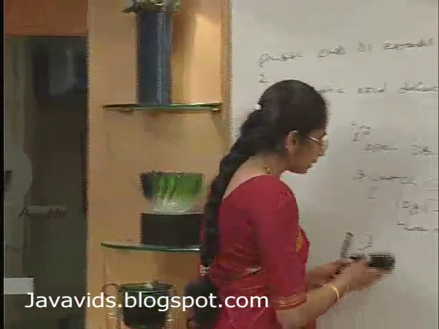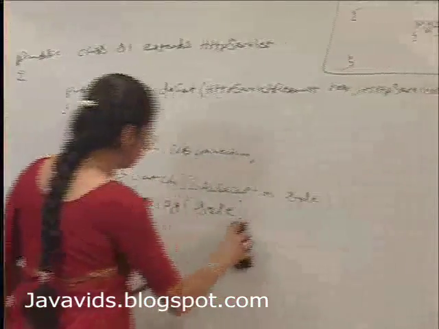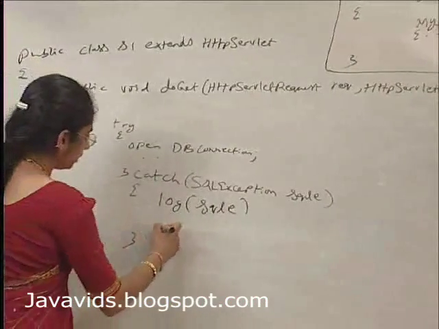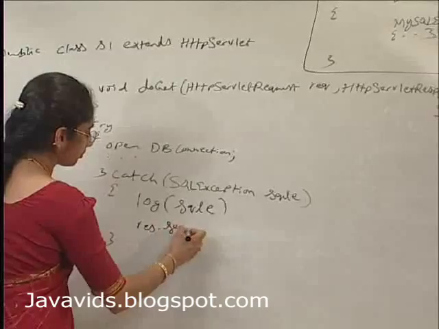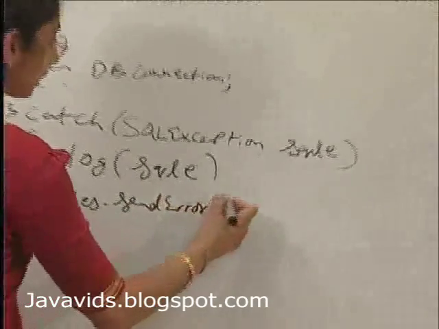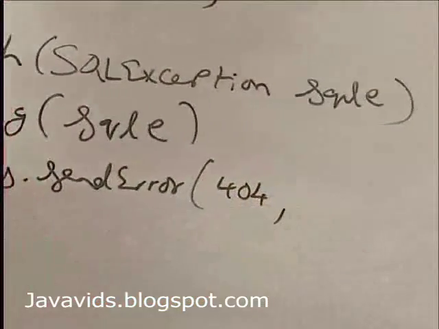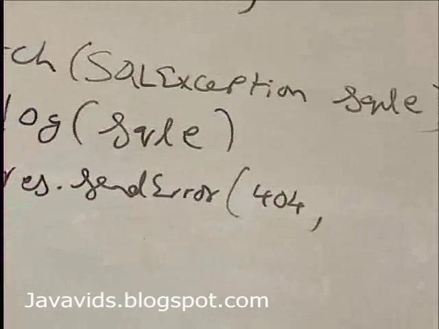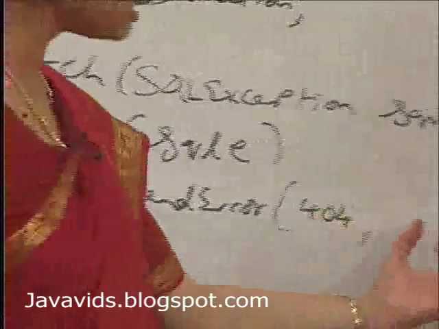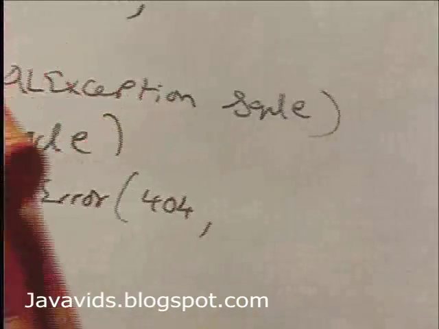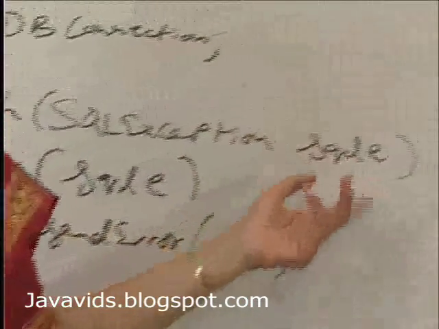Another thing is, remember we used the sendError method just a while back using the response object, specifying the error code and the message. Now let's assume that the message that I want to send across is a stack trace for the exception.